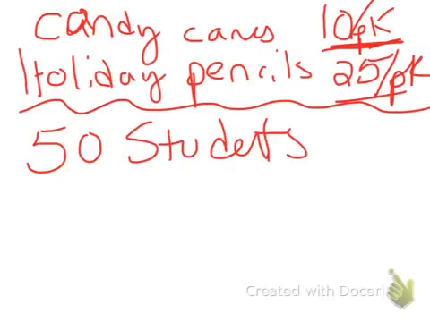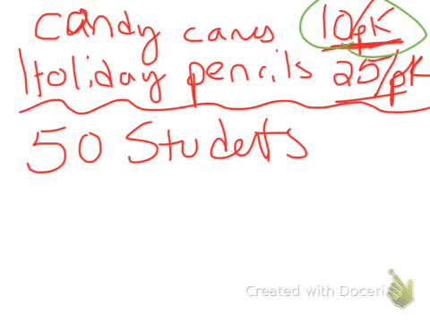Okay, this is a pretty simple problem actually. Just look at how many come in a pack for candy canes, and there are 10 in each pack. So how many packs would I need to buy for 50 students?